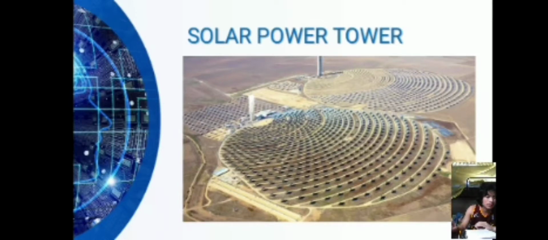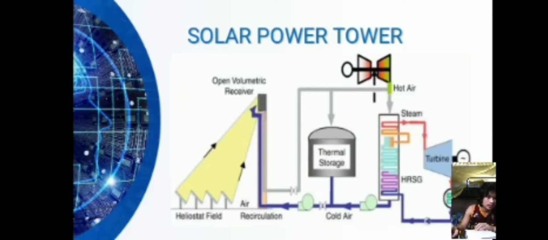So, ito pa another. As we can see dito, heliostat field reflect the heat of the sun to a receiver, then the heat transfer fluid being heated will run to the pipes, then go to the thermal storage and the heat exchanger.